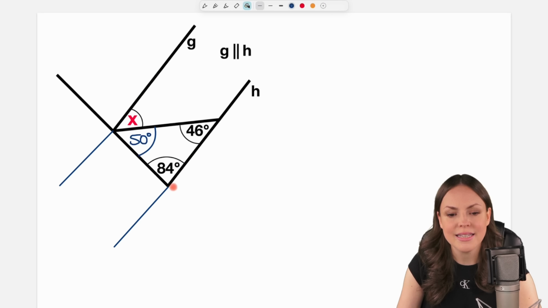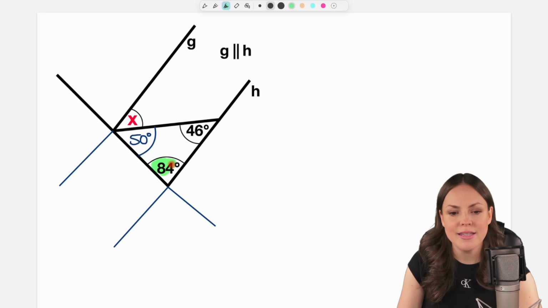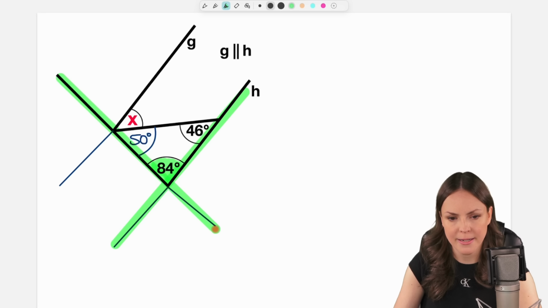So if I make this line also a little longer, we can now take a look at angles that repeat themselves in different places. For example, this angle here, this lies between this line and this line.